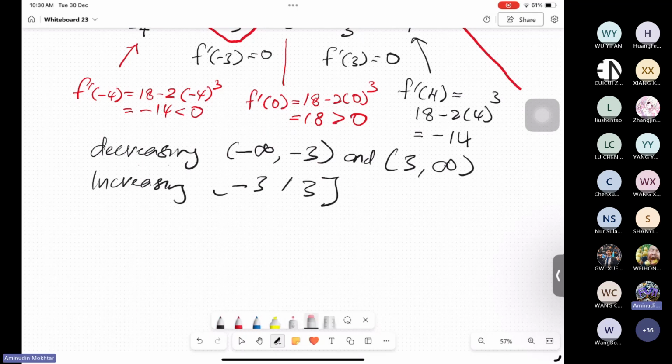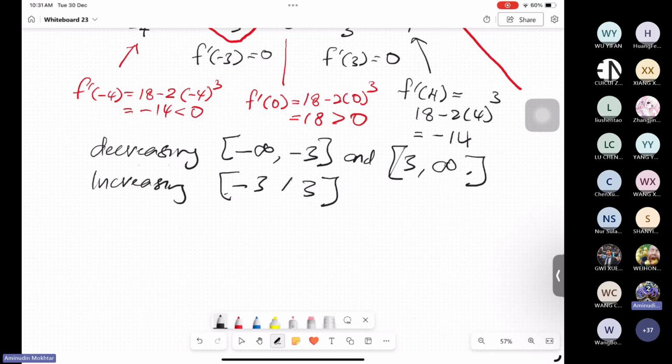Now we can decide what the critical points are. We get the critical points and the intervals where the function is increasing or decreasing.